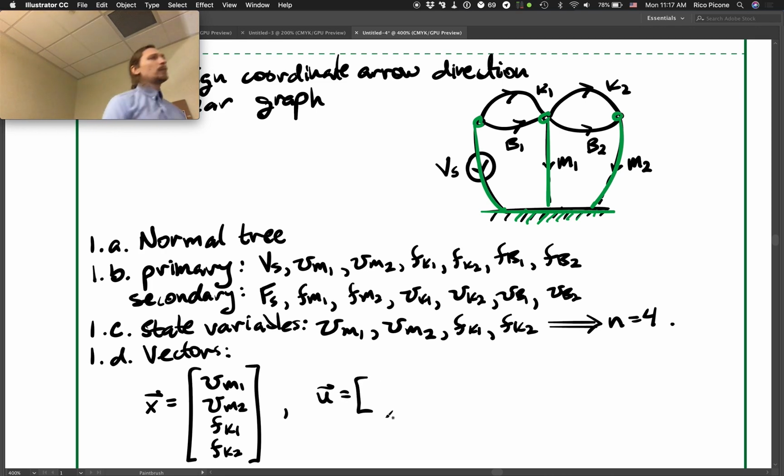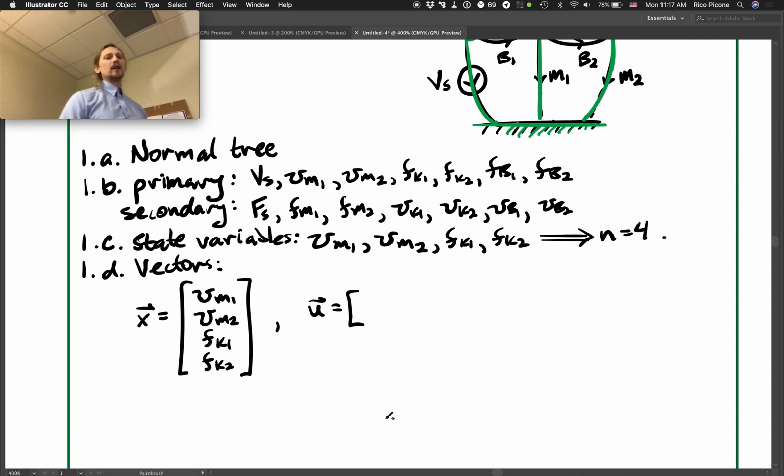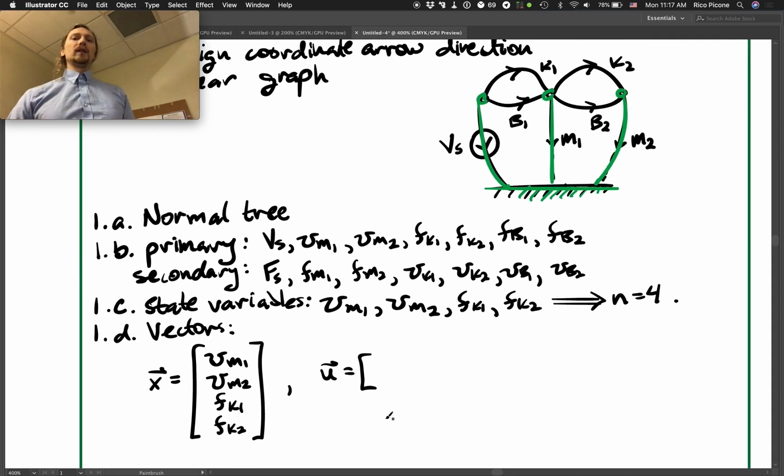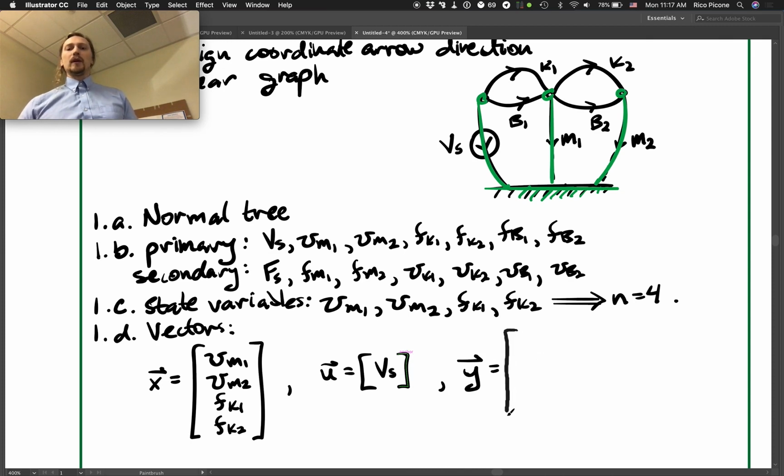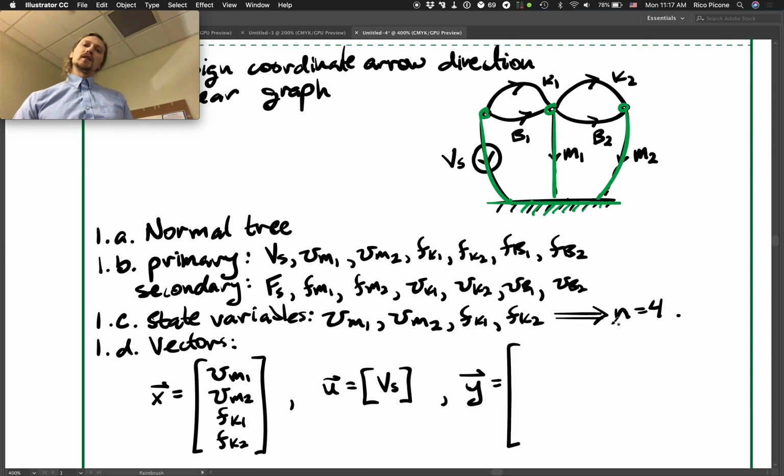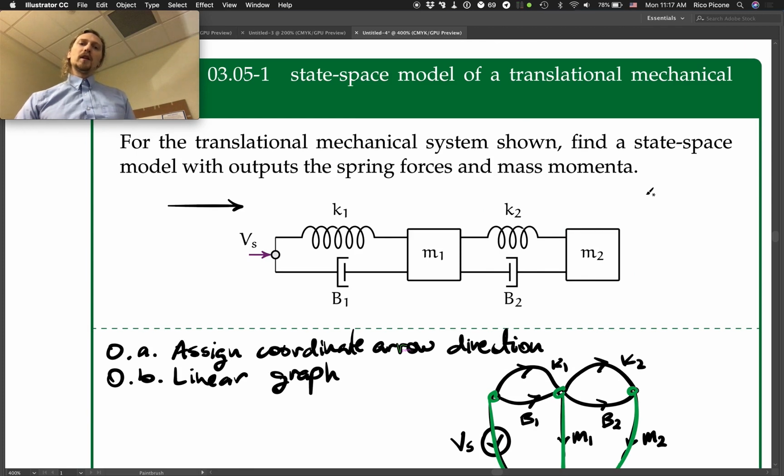So U is the input vector. We only have one input in this system, right? We only have the velocity source. And then our output vector, which is determined by what we're interested in in the system. It was given in the problem that we're interested to find what the spring forces are and what the mass momenta are.